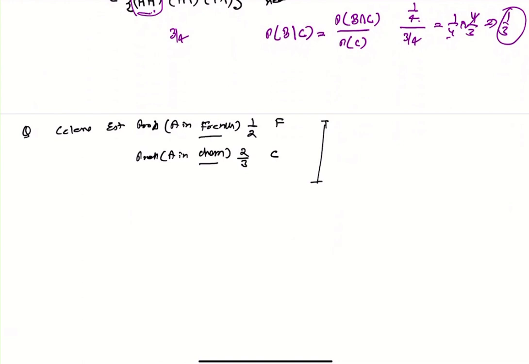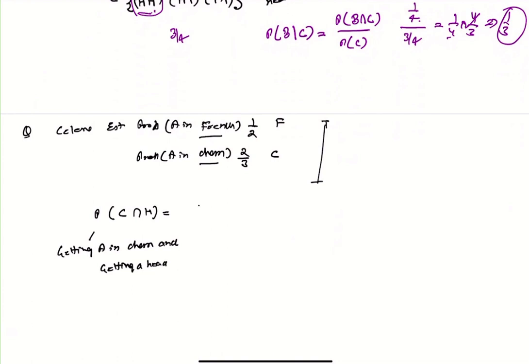So the probability of C and head, getting an A in chemistry and getting a head, will be the probability of C given a head times the probability of getting a head.